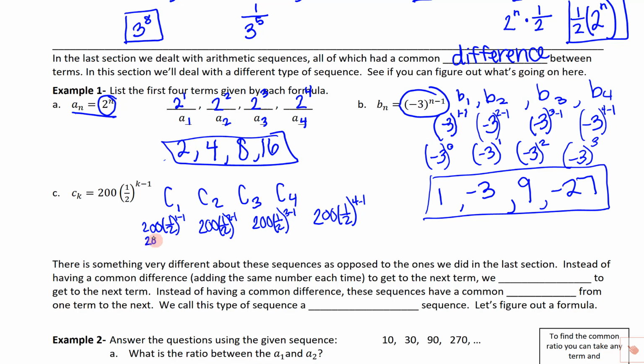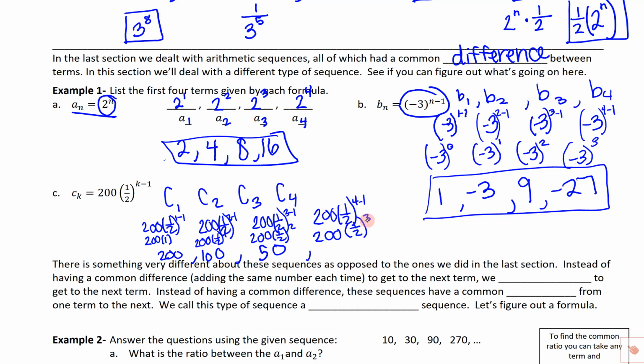this is going to be 200, and then 1/2 to the 0 power is just 1, so I get 200 here, and then 200 times 1/2 to the first power, so that's just going to be 100, and then 200 times 1/2 to the second power, which is going to be 1/4. 200 times 1/4 is 50, and 200.